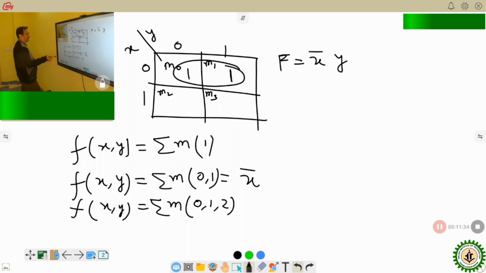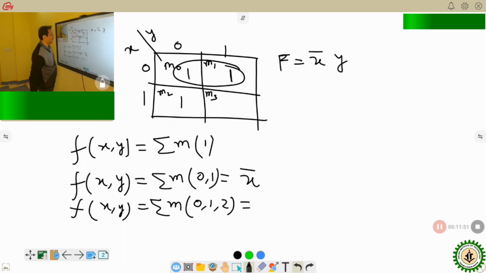So that is why, if I put this min term, 0 is equal to 1, 1 is equal to 1, 2 is equal to 1, and only min term 3 is 0.